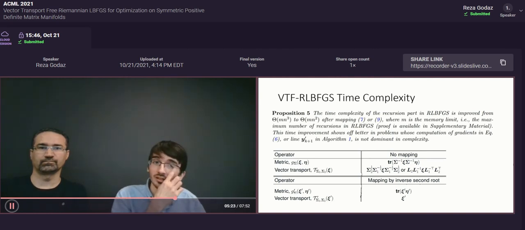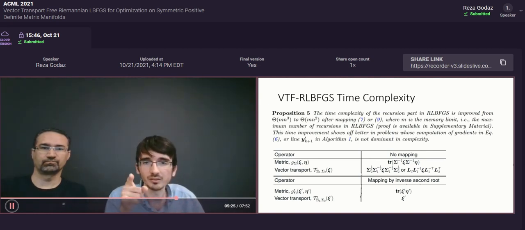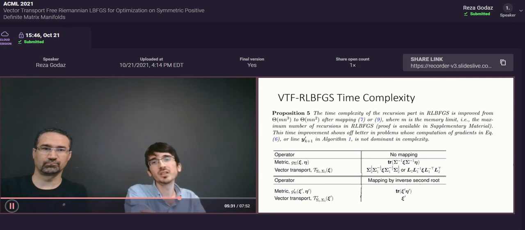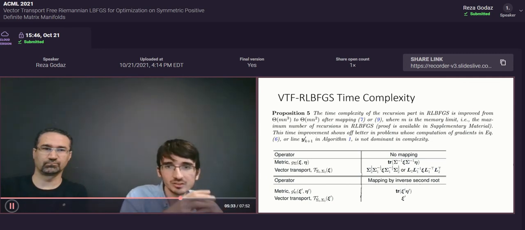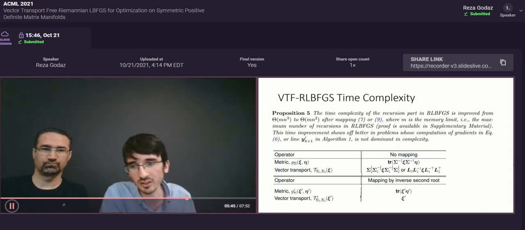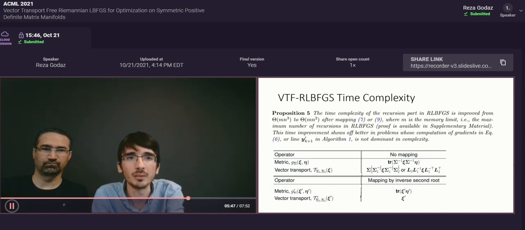Because the metric before applying our mapping requires Theta(n^3), while when we have the trace, inside the trace we vectorize matrices, therefore it becomes Theta(n^2) after applying our mapping. Vector transport also has become identity, so it becomes Theta(1) after our mapping.